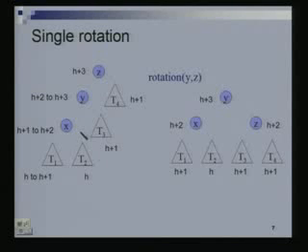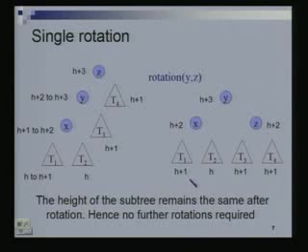Now one interesting thing has happened. The original height of z was h plus 3. That's why we had written this h plus 3 here. After this rotation, the height of this subtree is also h plus 3. Whatever was the original height of this is the new height of this subtree also.